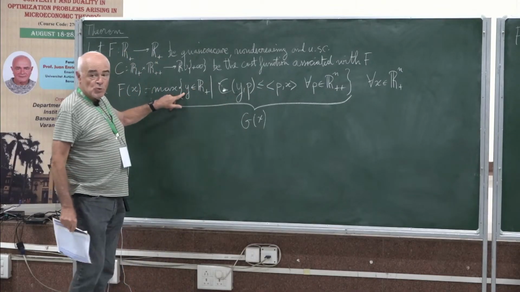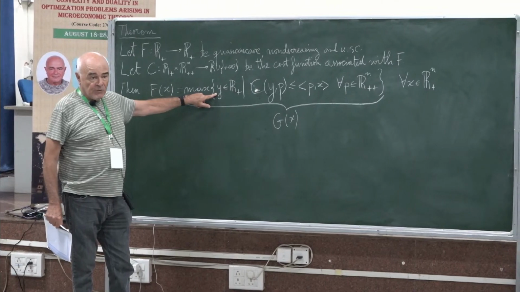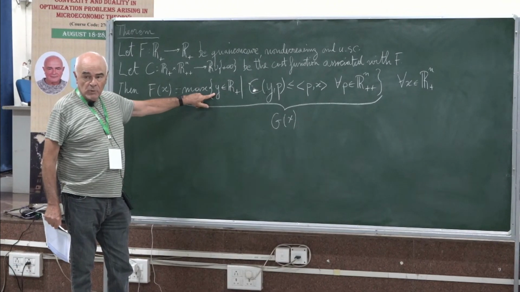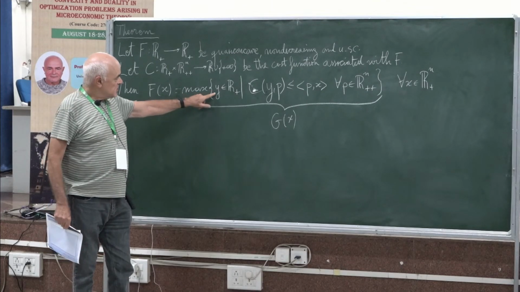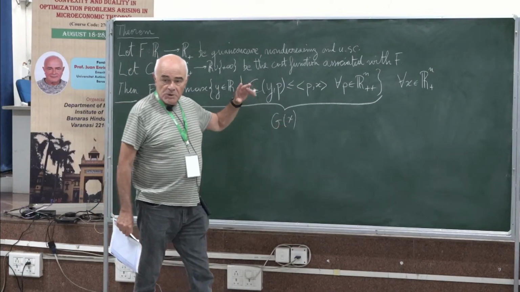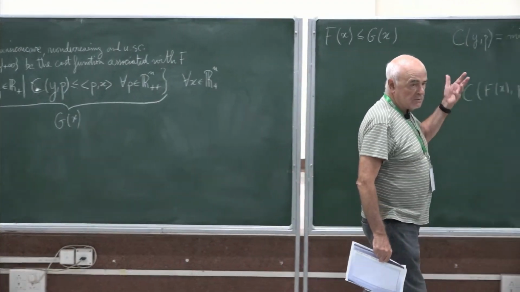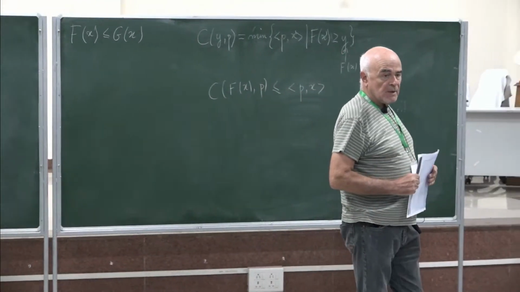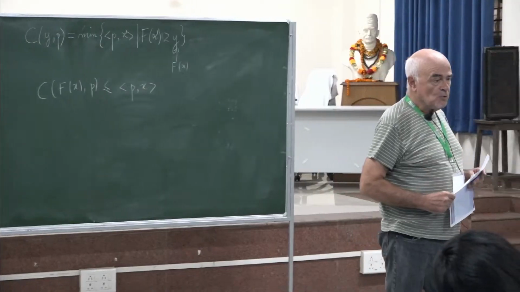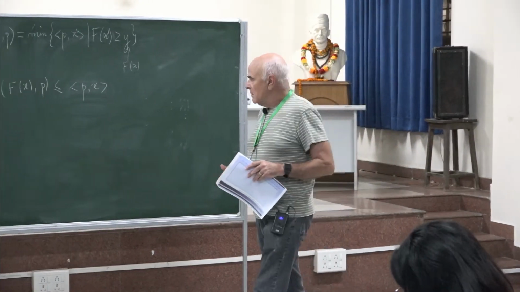Then f of x is one of these y's, so f of x is smaller than or equal to the largest of these y's. And the largest of these y's is what we call g of x. So this was the proof I already gave, without using this notation, to prove this inequality. Is this clear?